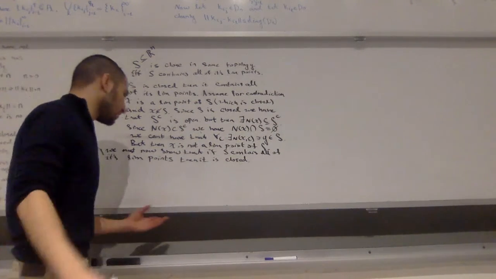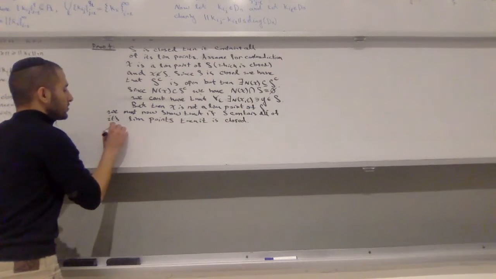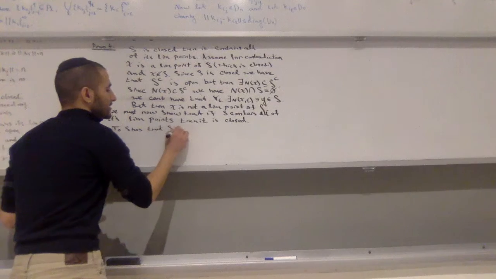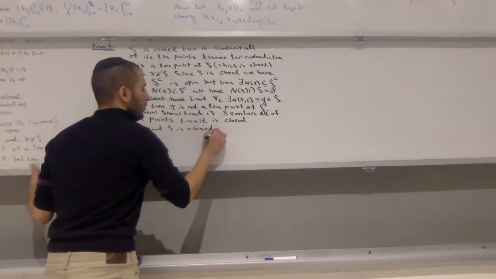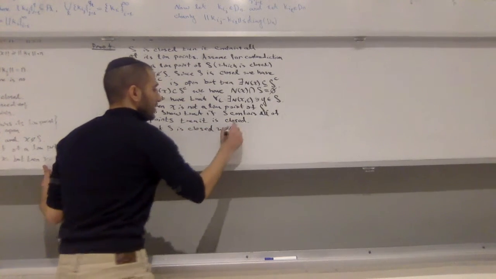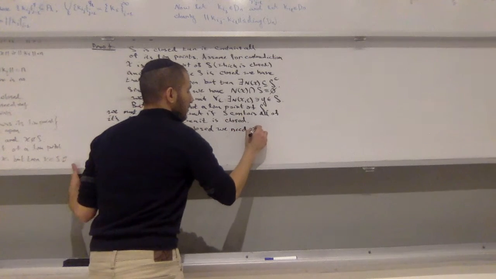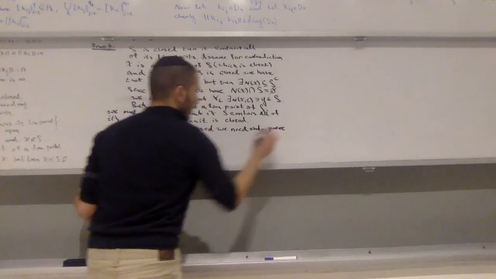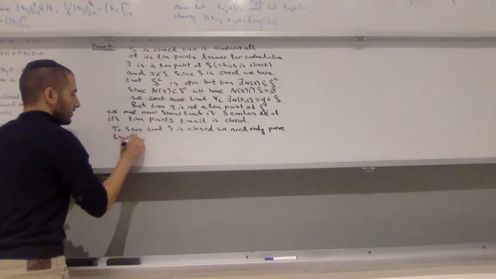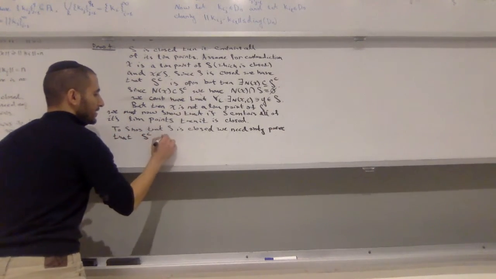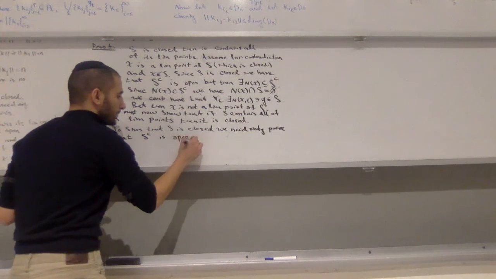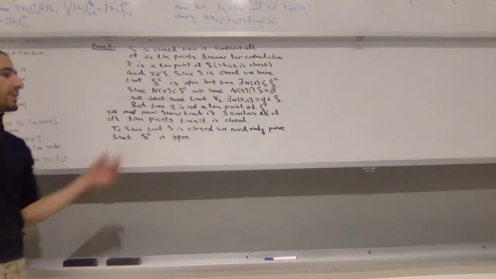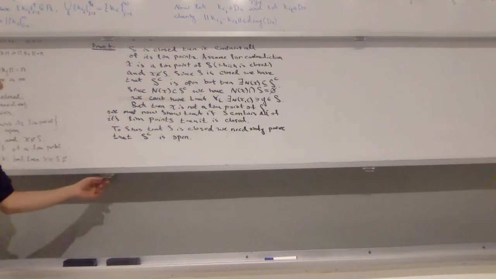Well, to show that S is closed, we need only prove that S complement is open. Right? We need to only prove that S complement is open because that's the definition of closedness. That's not even a theorem.